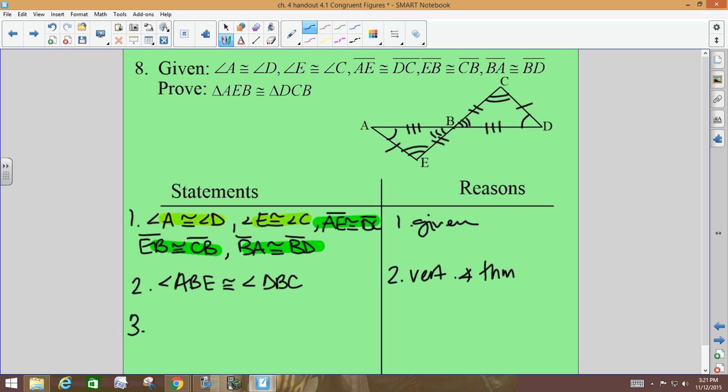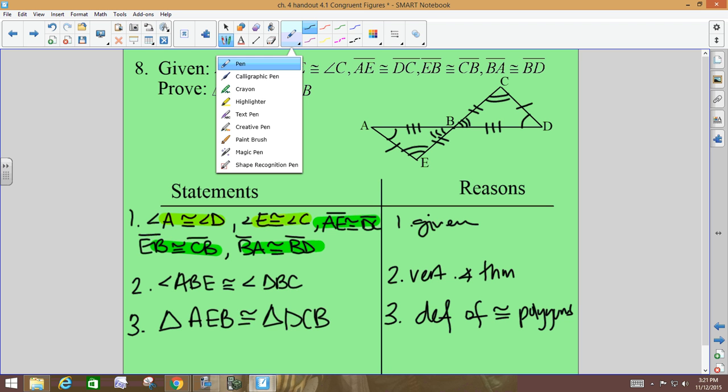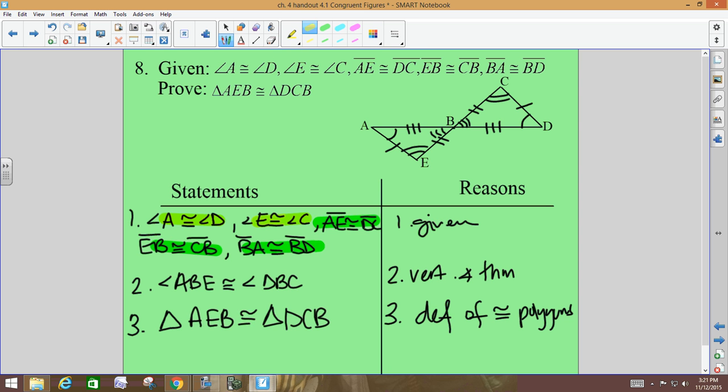Sorry. That was your third pair of angles. So step 3, we're done. Triangle AEB is congruent to triangle DCB by the definition of congruent polygons. That wasn't so bad, was it? It's nice sometimes when they give you a lot of information in the given.